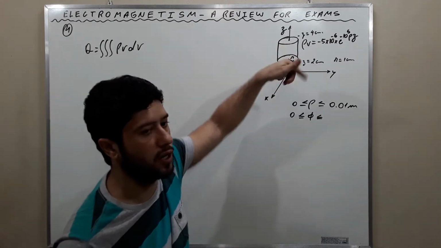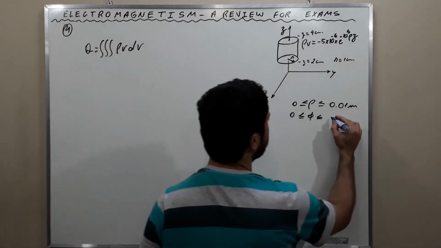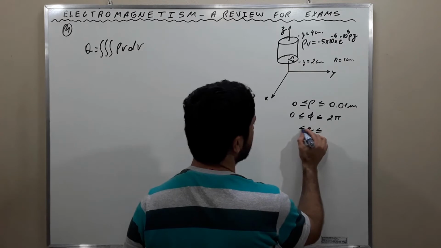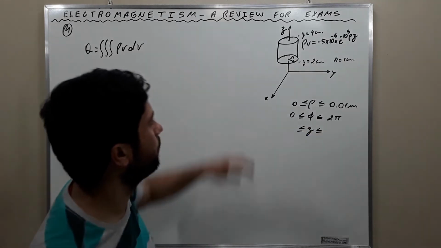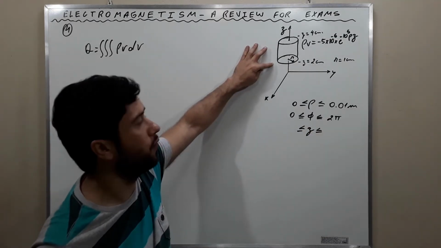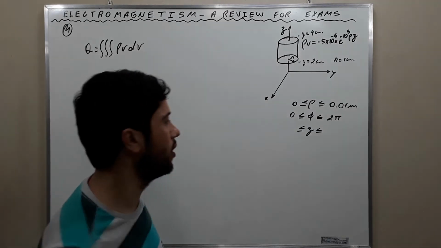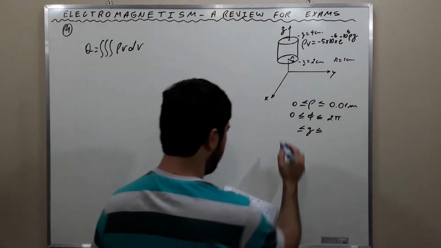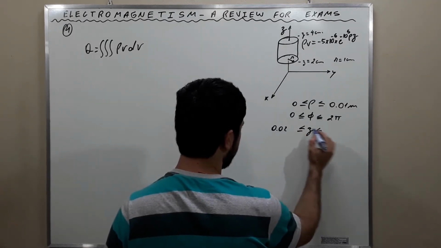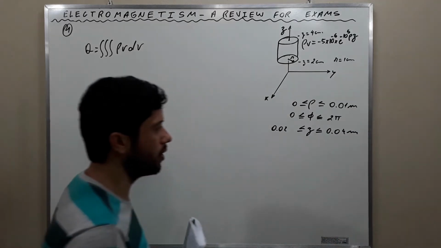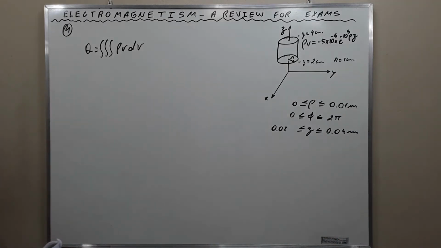Okay, the entire circle, 2 pi. And z is going to vary from the bottom of this cylinder to the top.